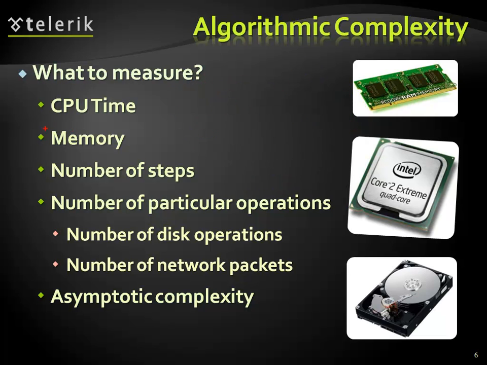Other things you'll measure, memory. Memory is measured quite easily compared to CPU time. Memory is always memory. In CPU time, you don't know how fast it will go. Memory, well, you always know that if you take up 120 megabytes, well, you'll take up 120 megabytes. You can't change that. But processor time changes on different processors.